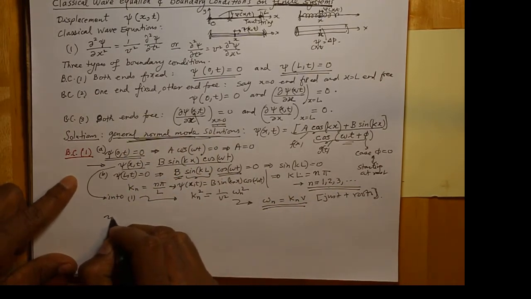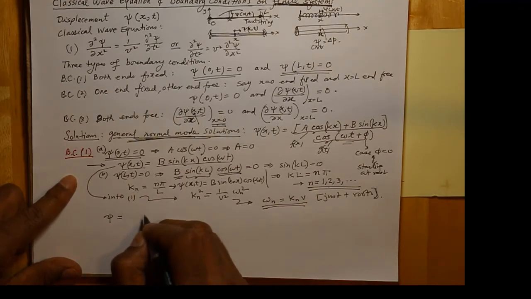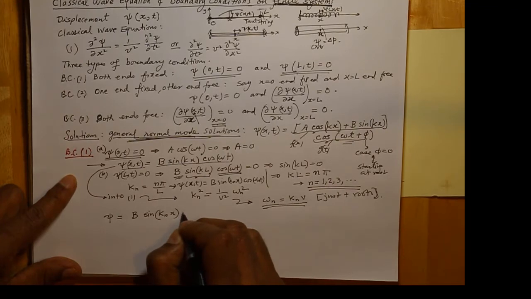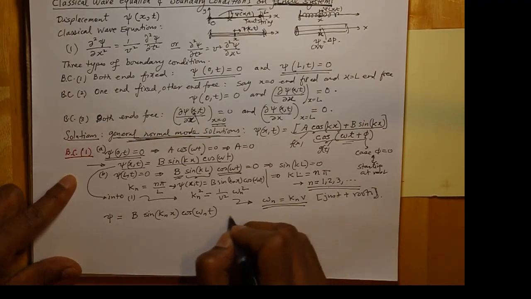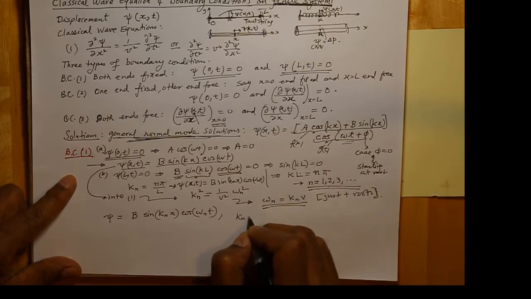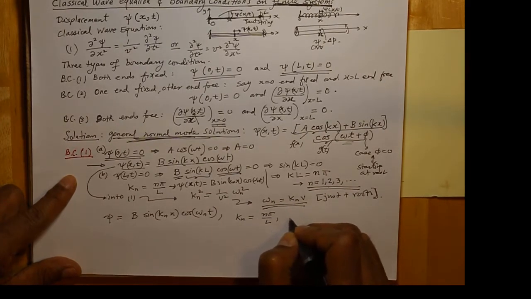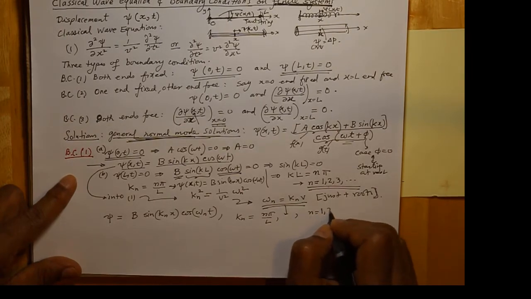So because the solution is going to be psi, we got a whole bunch of solutions. We got b sine k_n x cosine omega_n t. So this is a solution, where k_n is equal to n pi over L, and omega_n is this, and n equals 1, 2, 3.